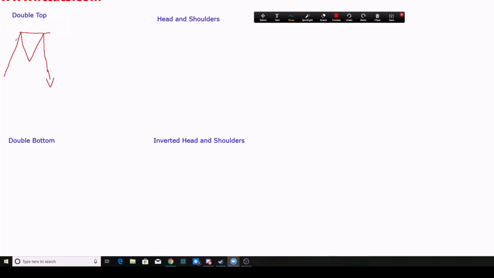So you have your double top, you have your head and shoulders, which is as simple as here's a shoulder, here's a head, here's a shoulder. You're looking for sell opportunities. Now the only way you can actually take advantage of these setups is when the market breaks past this point. This point being what? Saying that we're in an uptrend for a double top to actually form. This is a higher high.